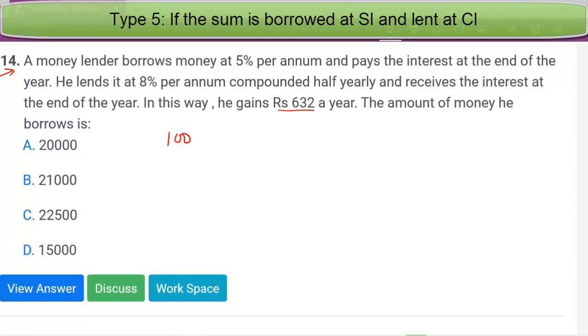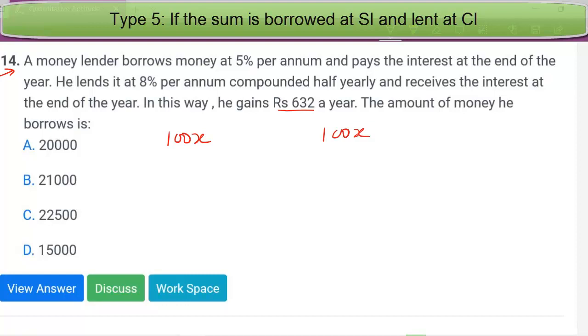Okay, so for example, we should assume 100, because this is a convenient way to get the answer to the questions. So if I assume 100x, which he borrows and then he lends the same money, that is 100x. So 100x he borrows and 100x he lends to someone.